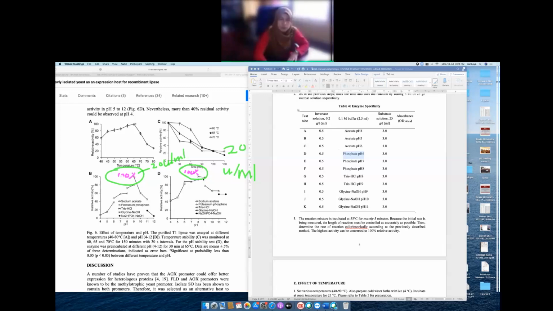Okay, so the way we set up this experiment, the enzyme characterization normally, we will standardize in terms of the milligram of protein. We will standardize in terms of the amount of protein we use. For example, for these two experiments, we want to use like 4 milligram of protein.